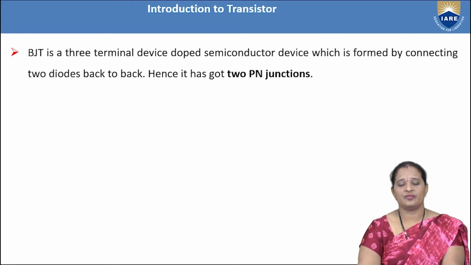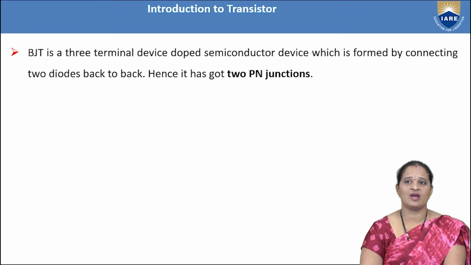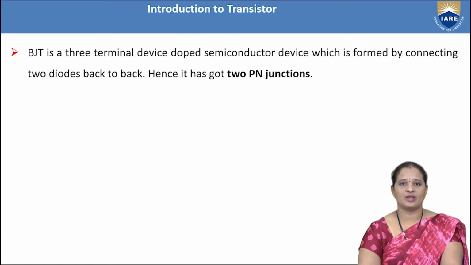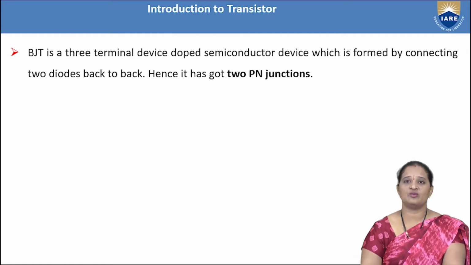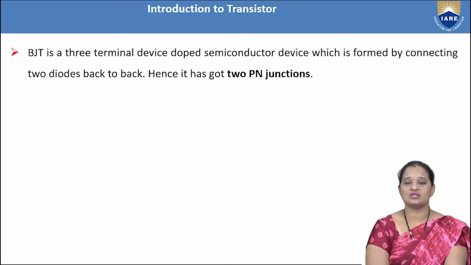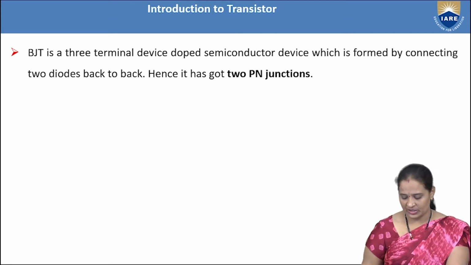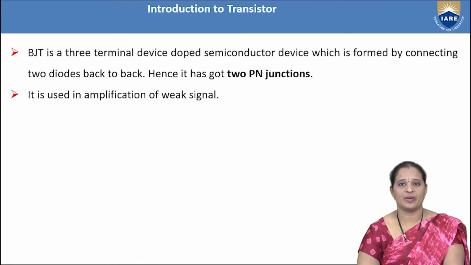Here this BJT is a 3-terminal semiconductor device which is formed by connecting two PN junction diodes back to back. So what is this back to back connection? We'll see now. Hence it has two PN junctions because we are connecting two PN junction diodes back to back. So in a transistor we have two junctions, which we have to remember.